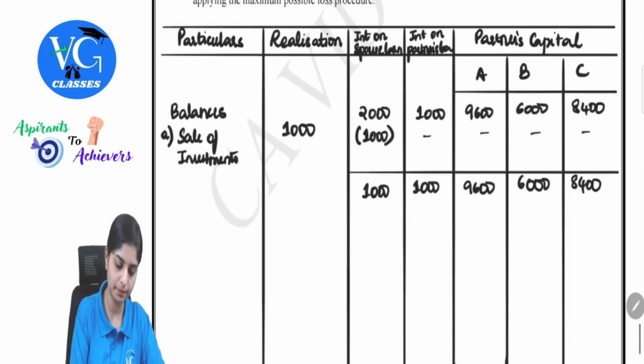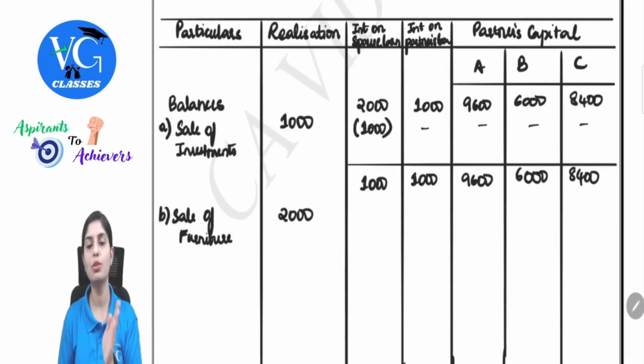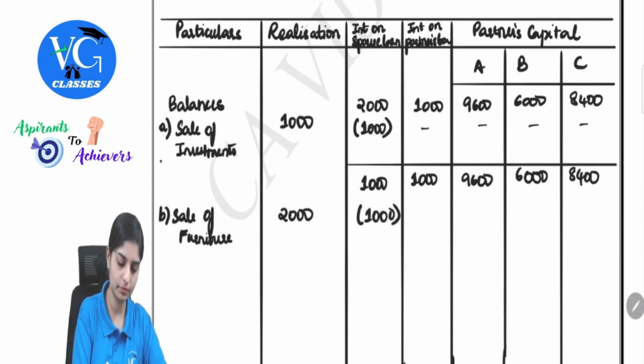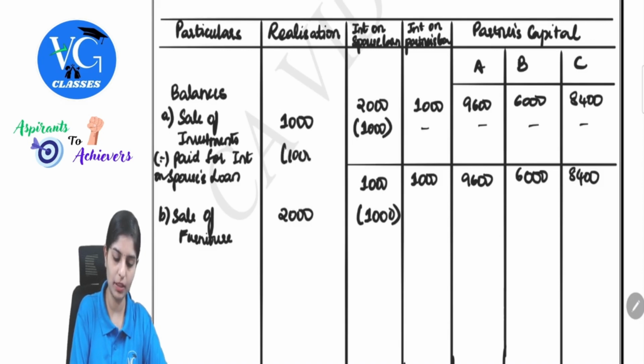Next is furniture. Sale of furniture, realized how much? 2,000. Now I had 1,000 of spouse's loan. First I will settle that. So here also let me write: paid for interest on spouse's loan 1,000.